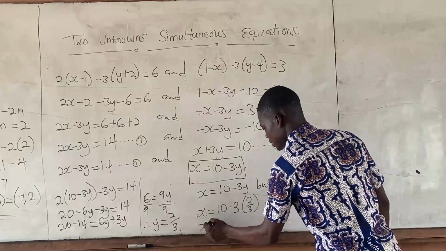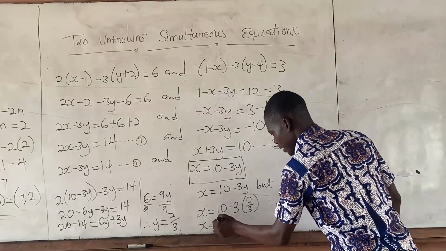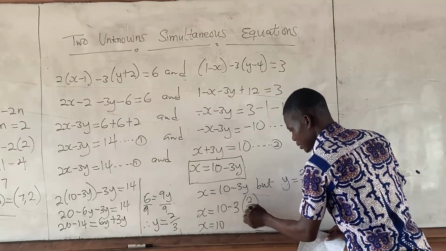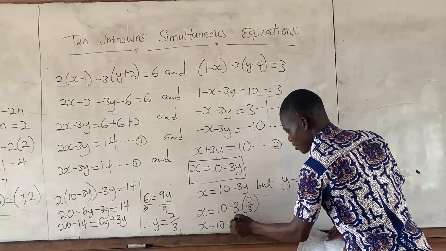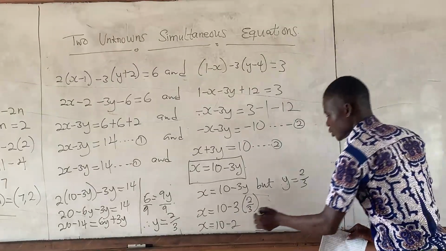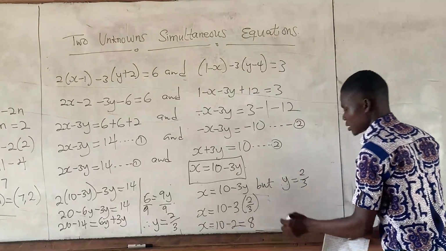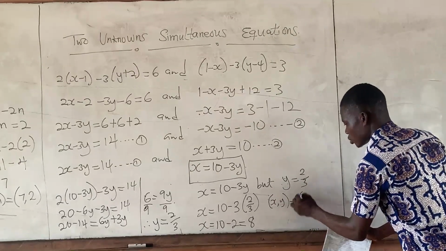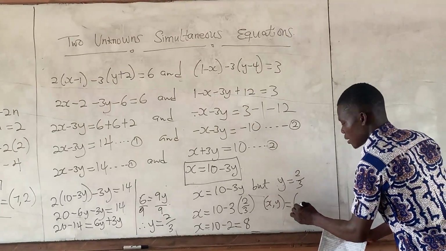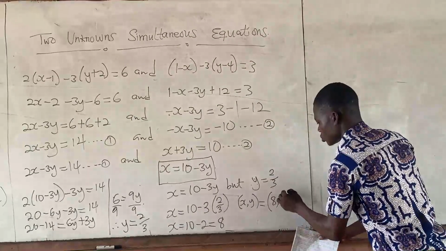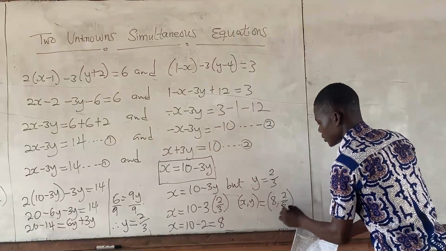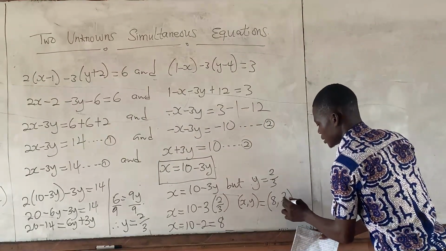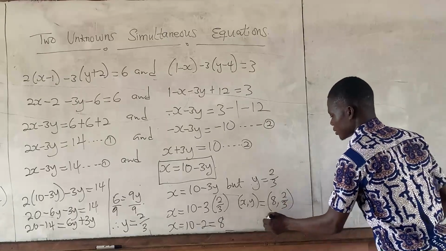Cancel the 3, we have minus 2, which is equal to 8. So the values of x and y are 8 and 2 over 3.